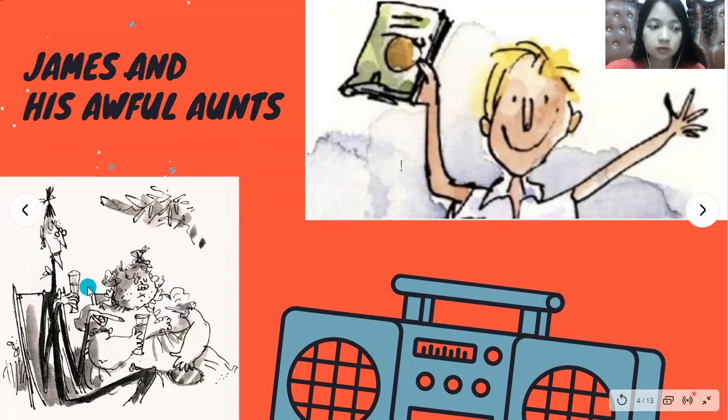They are described in the form of simile and also metaphor in the narration and also in the poem of the novel. It is found in the first and the second chapter of the novel. The description of the aunts also showed the power relation between Aunt Spiker and Aunt Sponge as the oppressors and James as the oppressed.